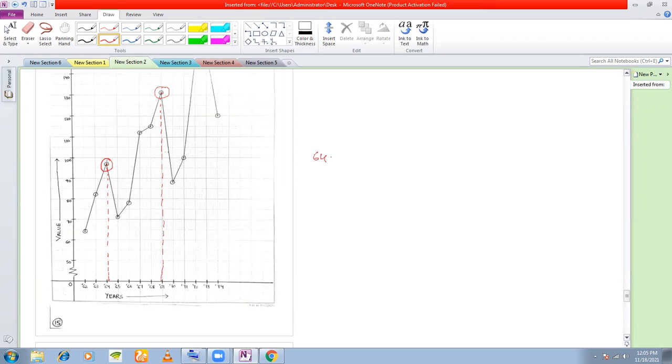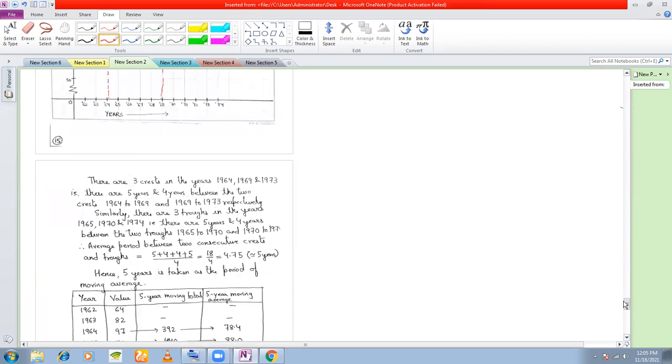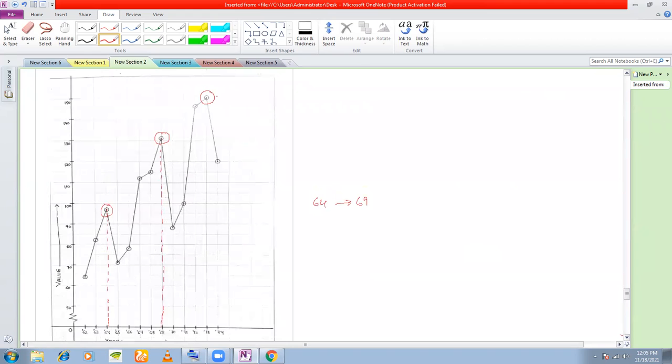So 64, and then you have 69, and then you have the next crest that is obtained here at 1973. Okay, these are the crests.